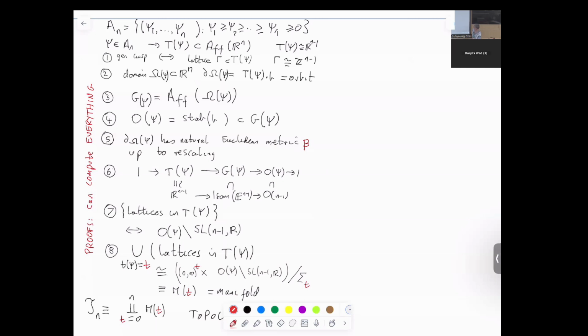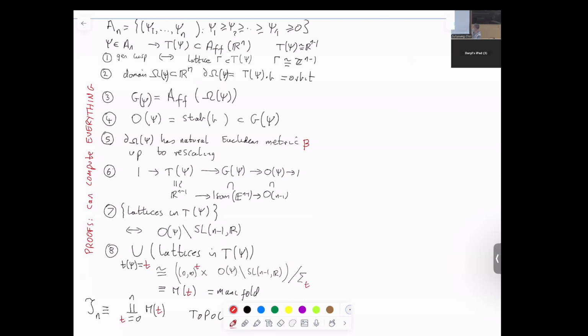And those give you different lattices, different generalized cusps, except that if you rotate one of these things by an element of this orthogonal group, the geometry doesn't change. So the lattices for a fixed psi are this set of left cosets. So this is a manifold.